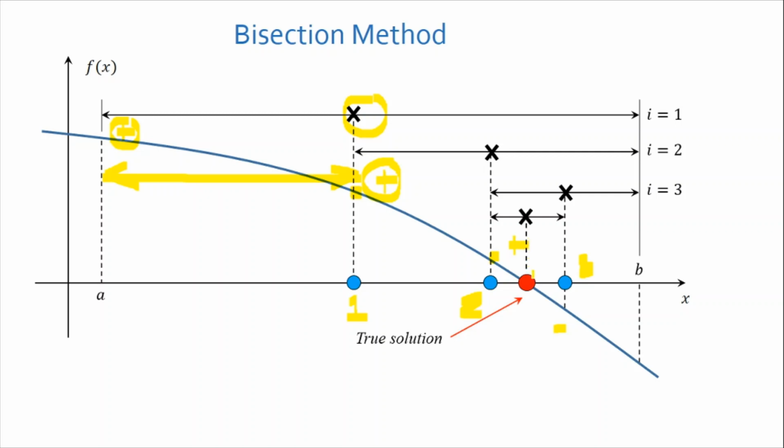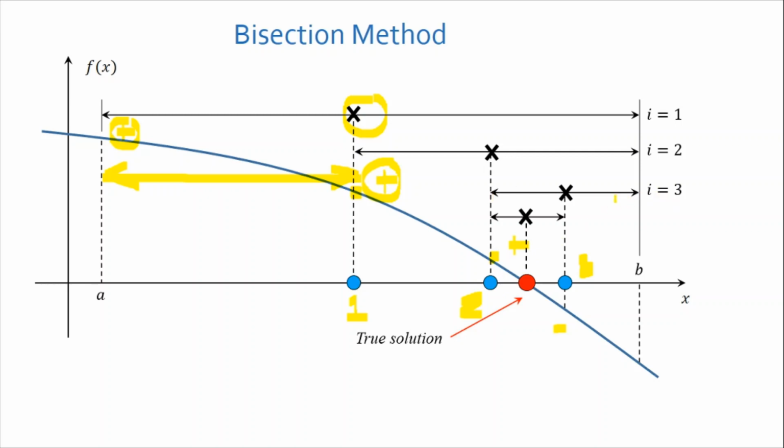This is the idea of the bisection method, wherein the first initial guesses a and b will be the upper bound and the lower bound of the interval, and then getting its midpoint, or we are bisecting this interval here. The interval is being bisected, and that bisection will be the first approximate of the root, and again bisecting the second interval, that will be the second approximation of the root.